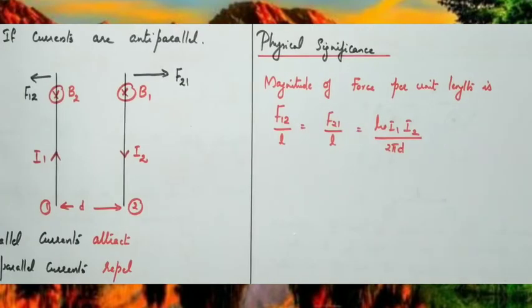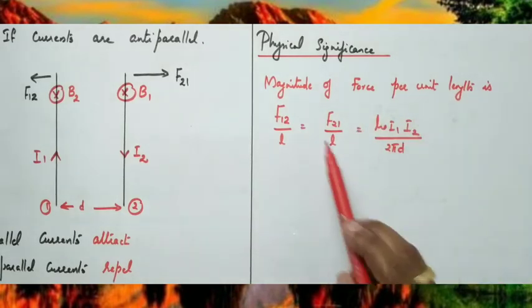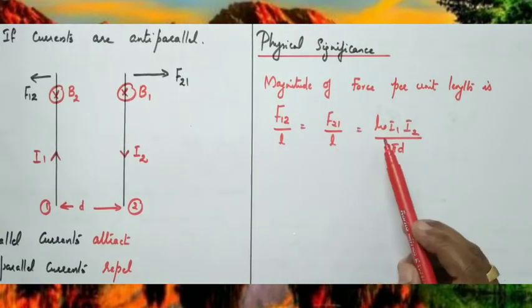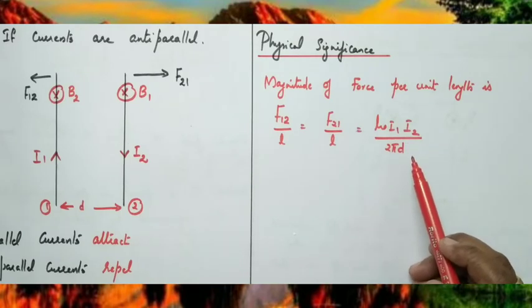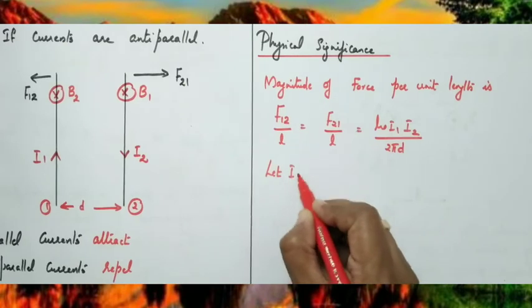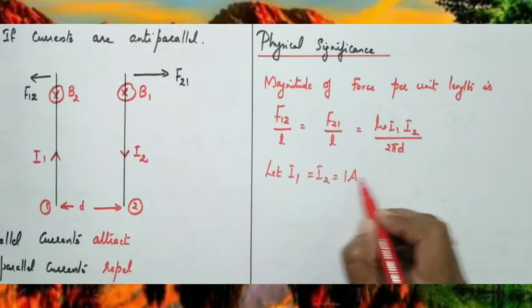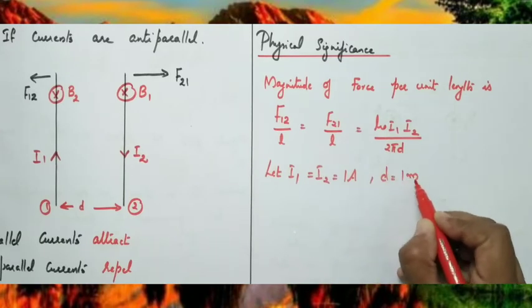Now we can see the physical significance of this formula. The magnitude of force per unit length is given by F12 by L or F21 by L equal to mu 0 I1 I2 divided by 2 pi d. Let I1 is equal to I2 is equal to 1 ampere, and the separation between the two conductors, let it be 1 meter.